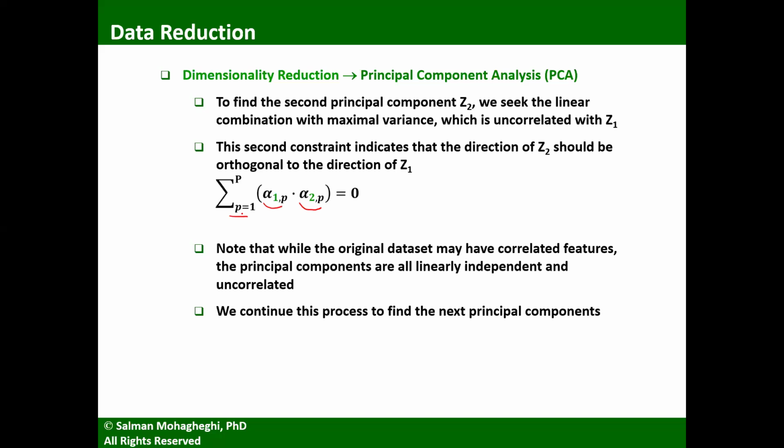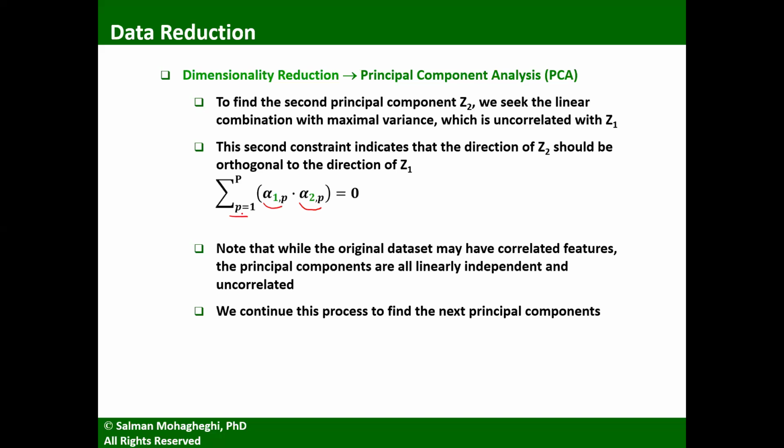That's essentially our way of saying that the vector of z1 would be orthogonal to the vector of z2, or linearly independent. This is important to remember that while the original dimensions x1 through xp may not be linearly independent and may have some level of correlation between them, the same does not hold for principal components. Principal components have no correlation and are linearly independent.